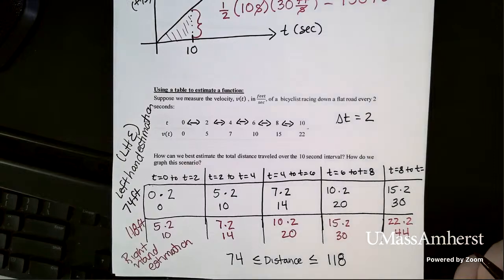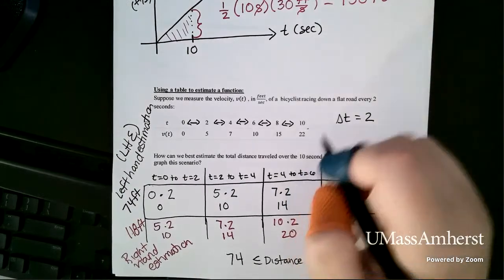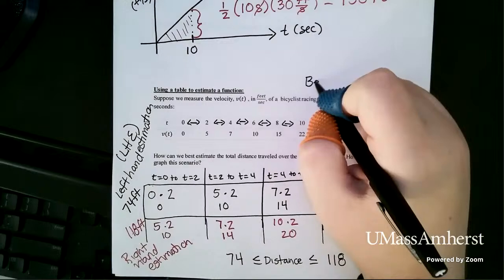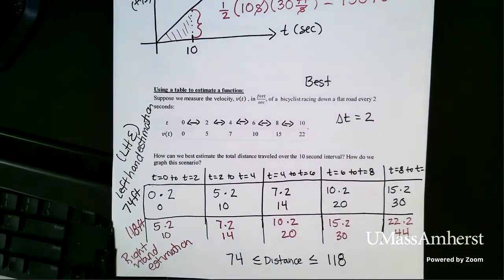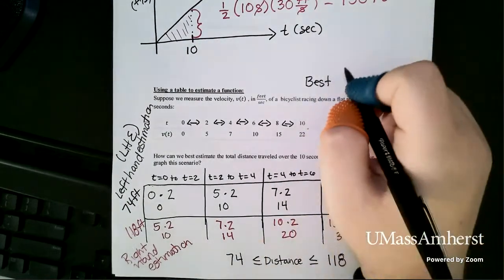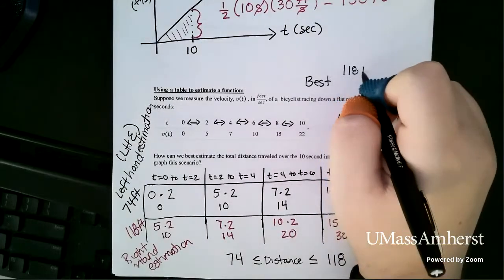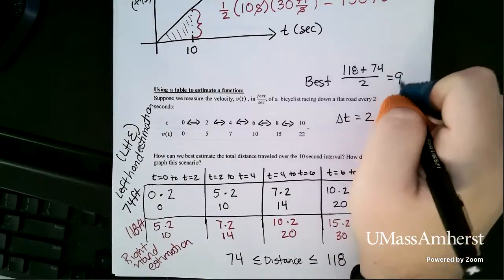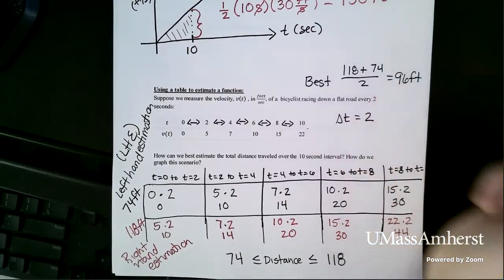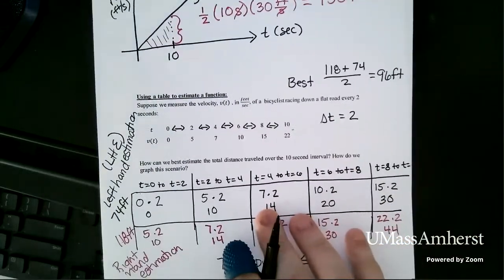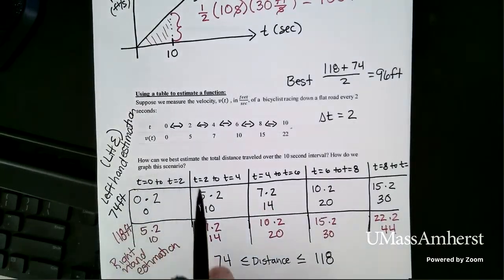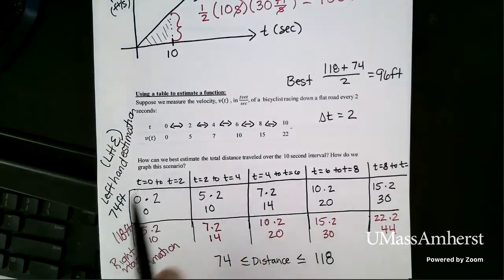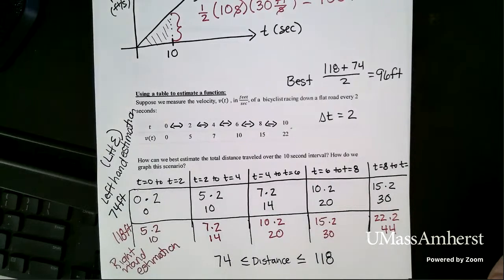So what we often do is use what's called a best estimate, which is to average the left and the right hand estimate. So we would do 118 plus 74 divided by 2, which gives me 96 feet, because that takes into account both the left and the right in using an approximation for how far you've traveled.